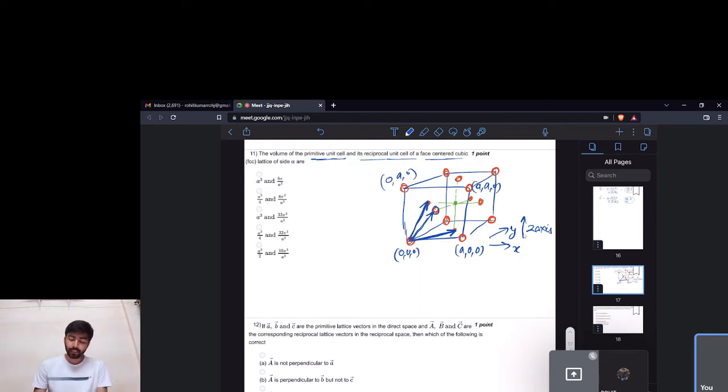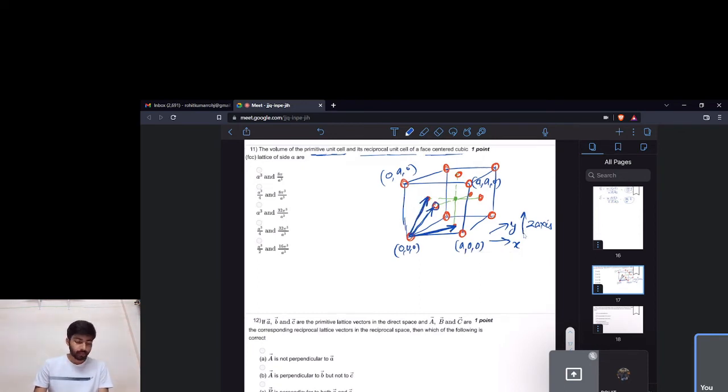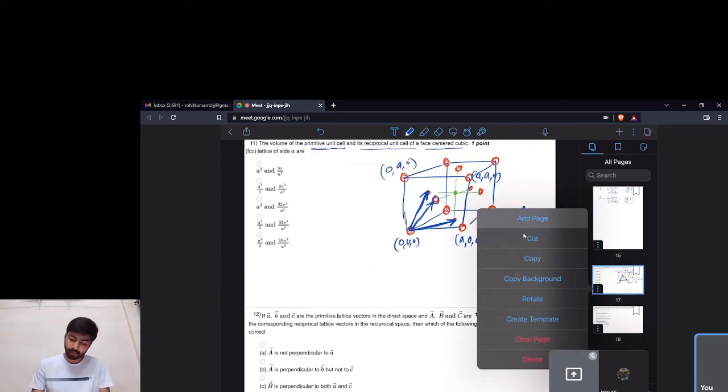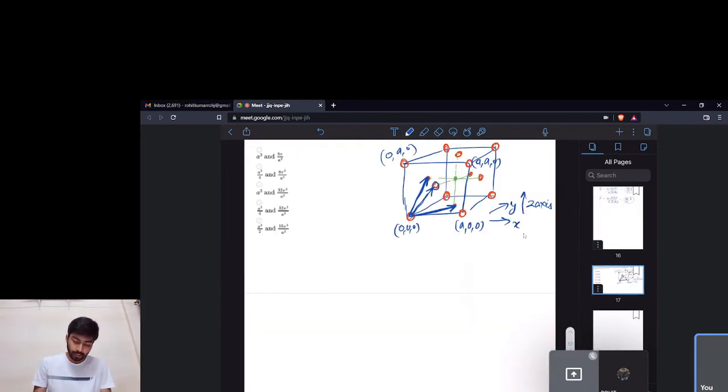Using these three vectors, let me call them as A equal to A by 2 x cap plus 0 y cap, A by 2 z cap.